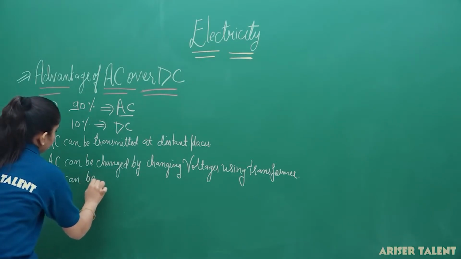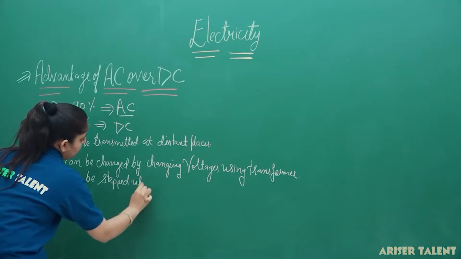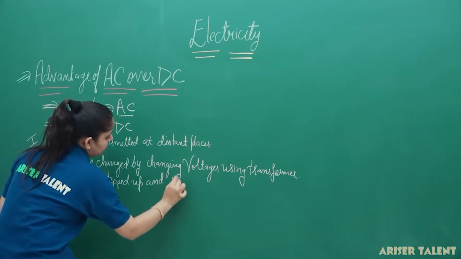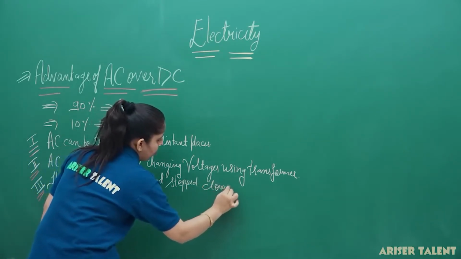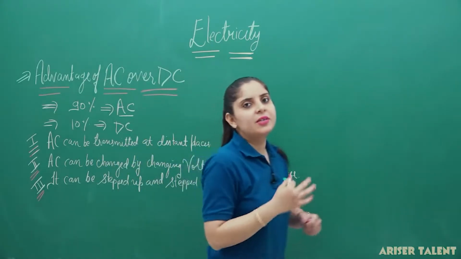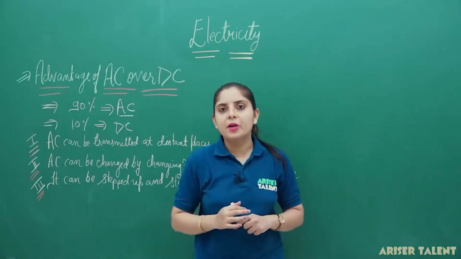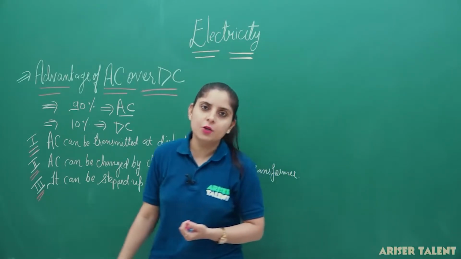So, it can be stepped up and stepped down. If you are going to buy AC generators, the AC generators are more cheap as compared to the DC generator, which is another advantage of AC over DC.